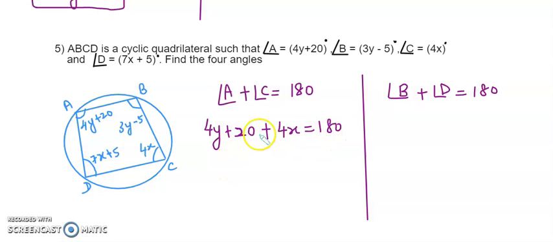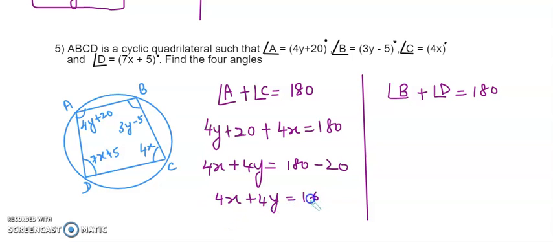Let's shift the 20 to the other side and rewrite this as 4x plus 4y equals 180 minus 20, so 4x plus 4y equals 160. Now 160, 4x and 4y are all in the table of 4, so I can simplify by dividing each term by 4. I'll get x plus y equals 40. That's my first equation.